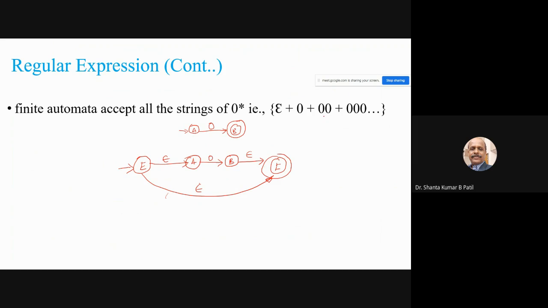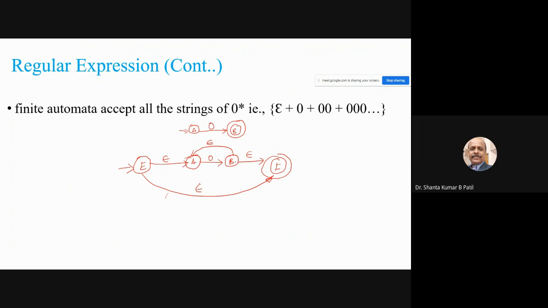Now double 0. In order to accept the double 0, what you can do is epsilon 0, then come back to this 0 without disturbing the regular expression. So you can take epsilon again here.